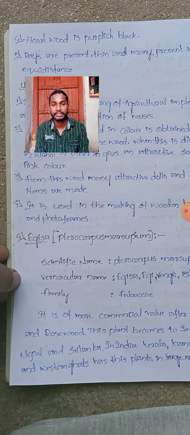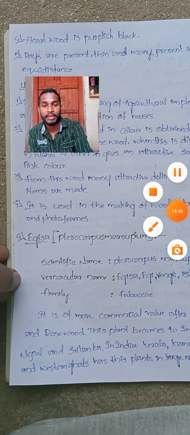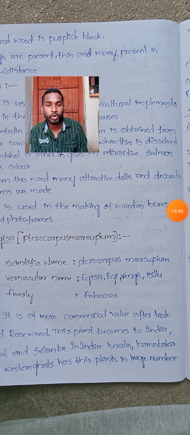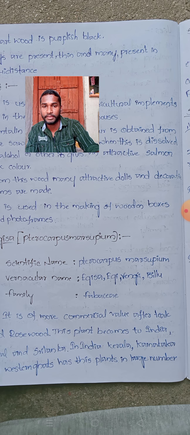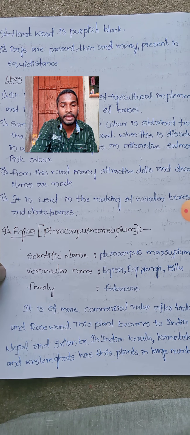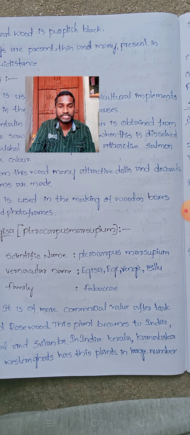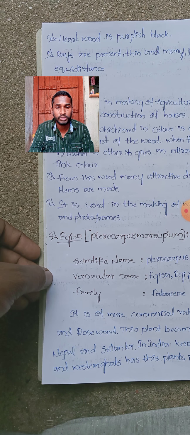Next is Eegisa. Scientific name is Pterocarpus marsupium. Vernacular names: Egesa, Egi, Vengi and Bijasal. Family Fabaceae. It is of great commercial value, next to teak and rosewood.